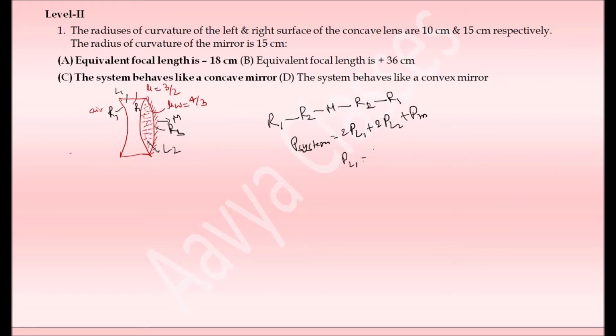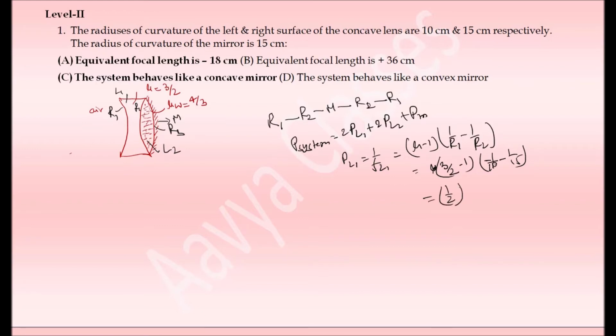And PL1 is equal to 1 by FL1, and it is mu minus 1 by R1 minus 1 by R2. So clearly R1 comes with negative sign, R2 comes with positive sign, and refractive index is 3 by 2. So 3 by 2 minus 1, 1 by 10 minus 10 minus 1 by 15.